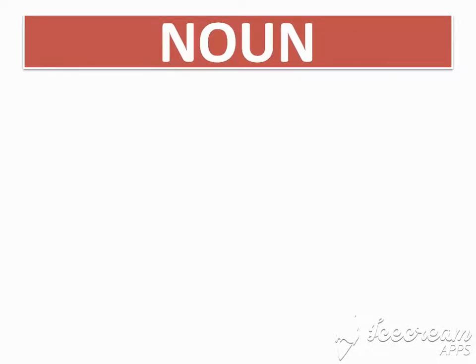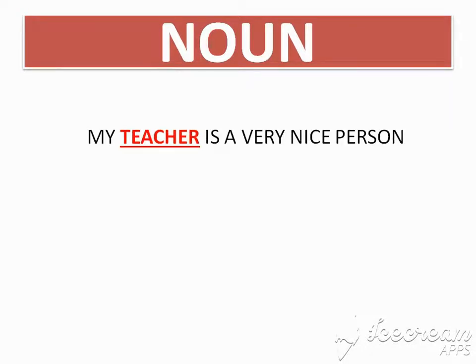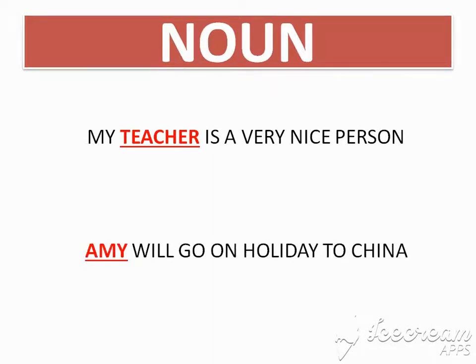More examples of the noun. My teacher is a very nice person. The noun is the teacher. Amy will go on holiday to China. The noun in this sentence is Amy.